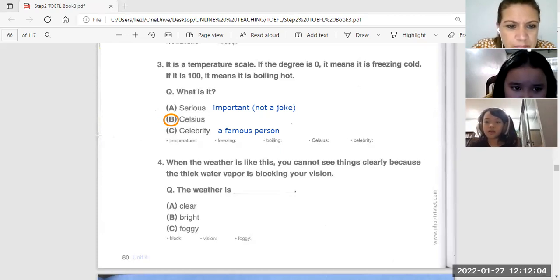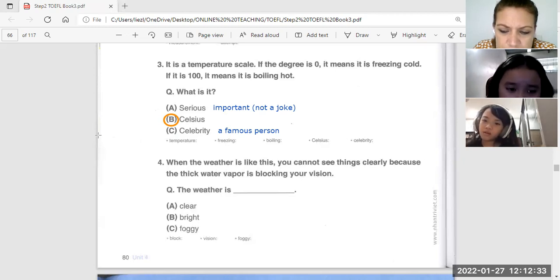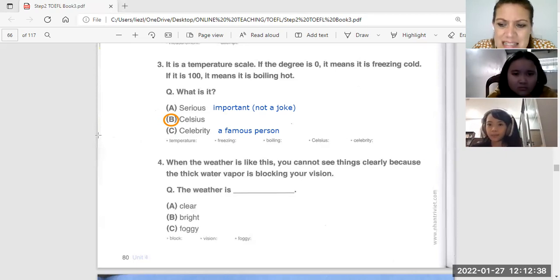The weather is clear. When the weather is like this, you cannot see things clearly because the thick water vapor is blocking your vision. You can't see clearly. Or bright. Right?